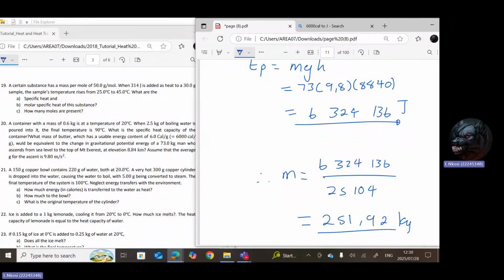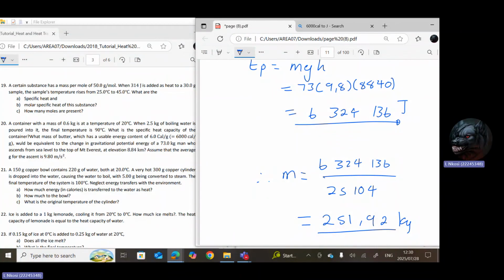So it's a huge amount of butter, 250 kilograms, to sustain the energy of a man ascending Mount Everest to that height.